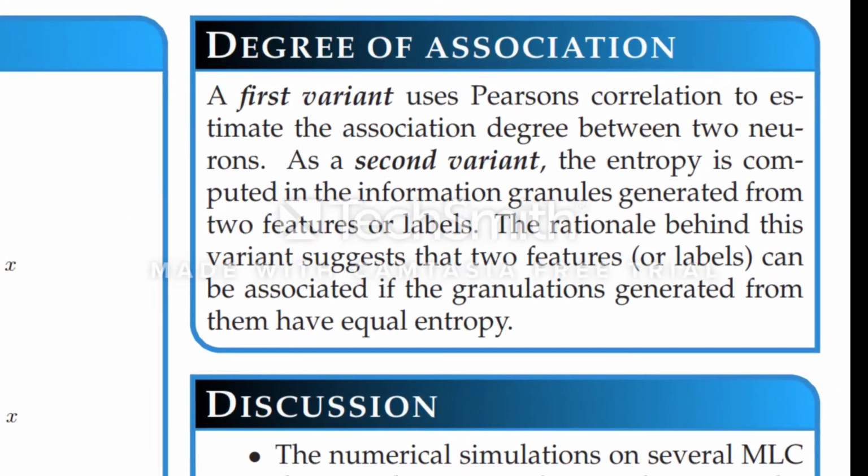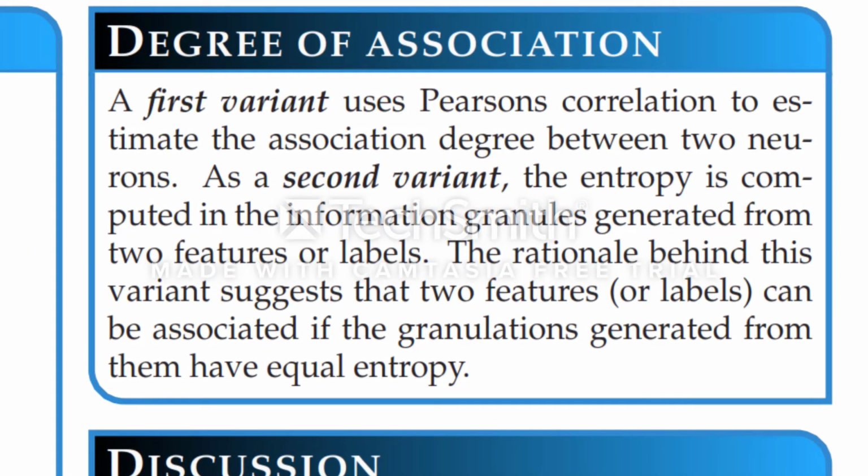The first variant uses Pearson's correlation to estimate the association degree between two neurons. As a second variant, the entropy is computed in the information granules generated from two features or labels. The rationale behind this variant suggests that two features or labels can be associated if the granulation generated from them have equal entropy. In this way, it is not required that either the feature or label have a certain degree of correlation.